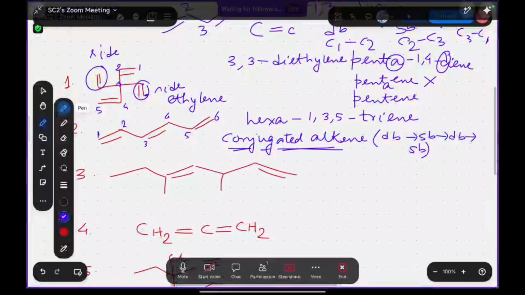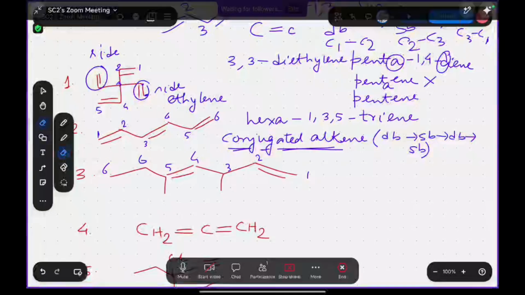See the example number 3. Let's do the numbering again. If we do numbering from the right hand side, 1, 2, 3, 4, 5, 6, 7, we are having 7 carbon atoms. What do we see? At the 3rd and the 5th position, we are having a side chain.